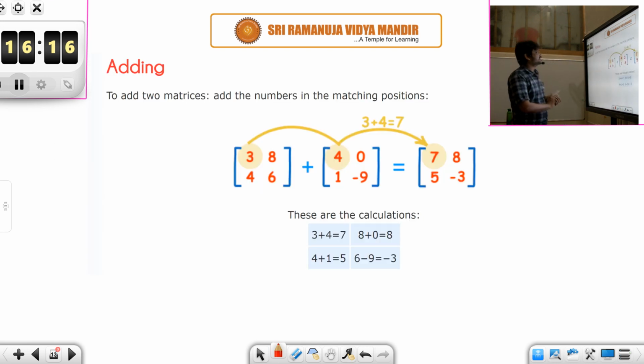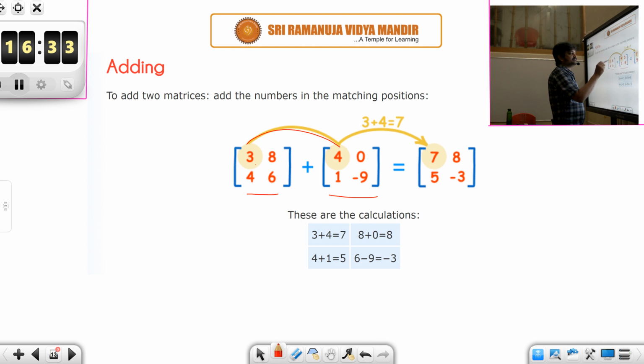So the first one among them is addition of matrices. How to add two matrices? To add two matrices, simply add the corresponding elements with the same row number and the same column number. For example, to add these two matrices, simply add this element with this element, and this element with this element.